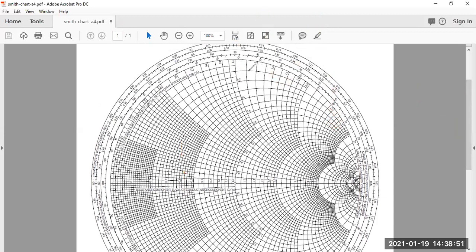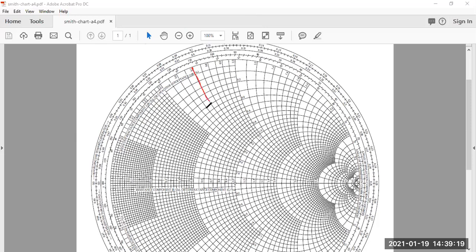So where is the 0.7 reactive circle? This is the scale. If you remember, I've talked about this scale before. This scale reading that I am highlighting is what you use to identify the reactive circle. So you need to find out where 0.7 is. So this is 0.7, and now it's easier for me to highlight it. This is the circle that you need to look at.